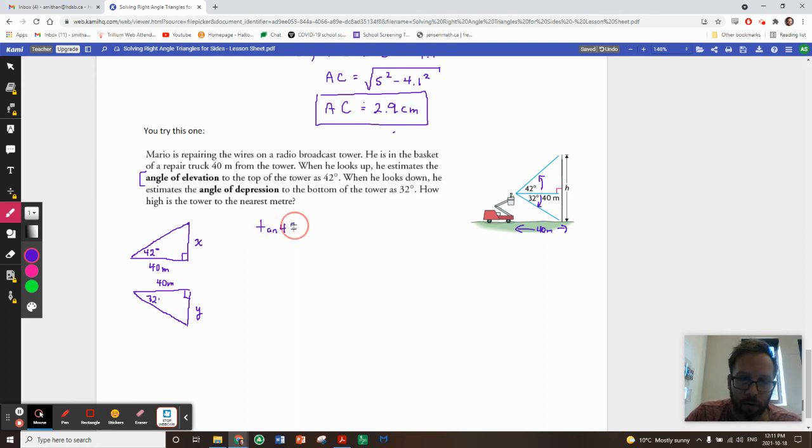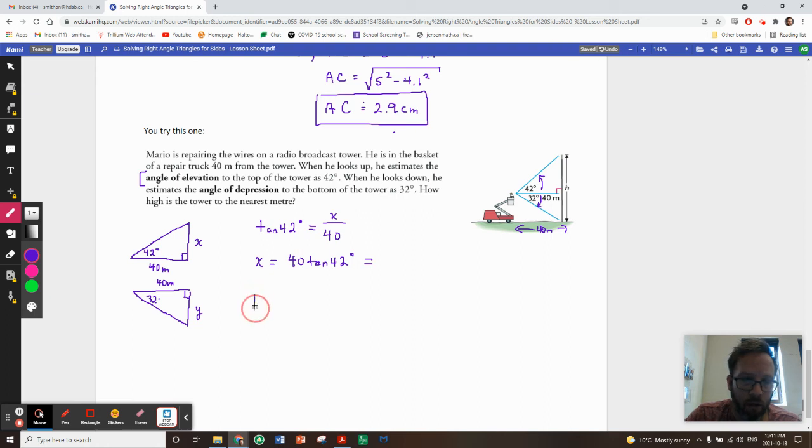Again, if you like writing out the actual ratio, tan is opposite over adjacent, please continue to do that, but I'm okay if you plug in right away. So tan of 42 is opposite, which would be X, over 40, the adjacent side. As we've talked about, what we were solving for is on top. We're using multiplication, 40 times the tan of 42 degrees, and I'll calculate that in a second.